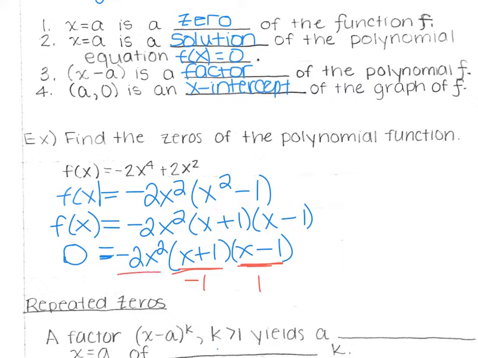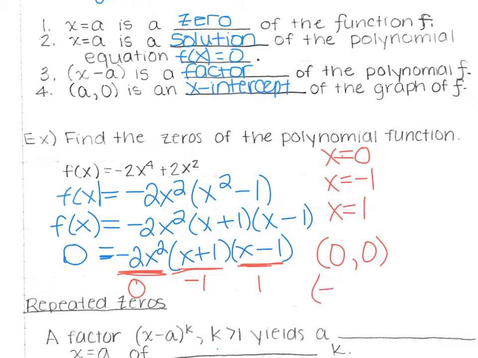And the only way to have negative 2x squared be 0 is if x is 0. So the real zeros are at x equals 0, x equals negative 1, and x equals 1. That means our corresponding x-intercepts are 0, 0, negative 1, 0, and positive 1, 0.